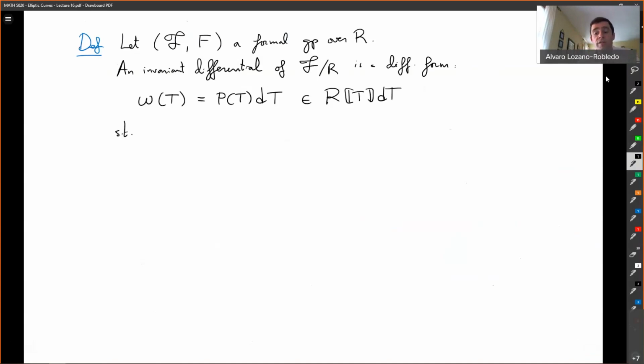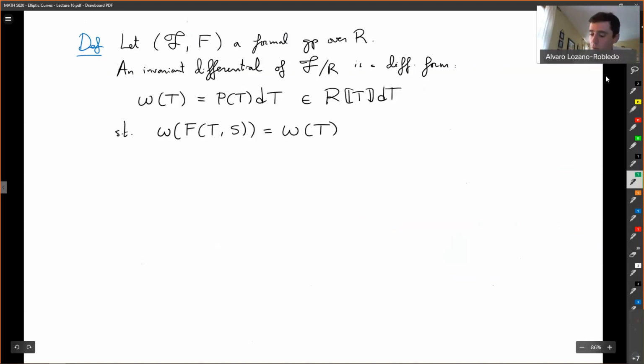Okay, it lives there, such that the property is that it's invariant under translation. That is the invariant part of invariant differential. How do I translate a number t in a formal group? Add a number s to it. How do I add s? Through the capital F, through my power series. So the property that it needs to satisfy is that the invariant differential evaluated at F(t,s) has to be the same as the differential at t.